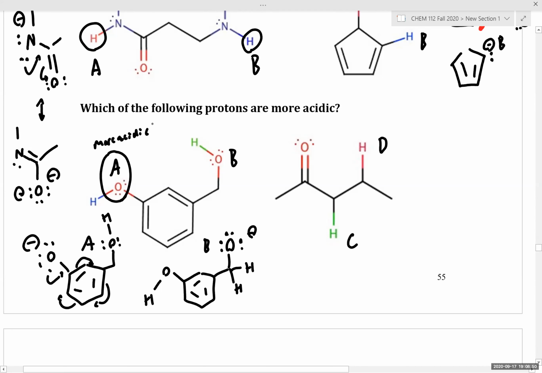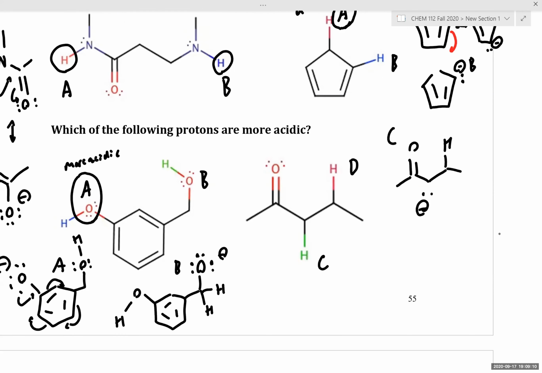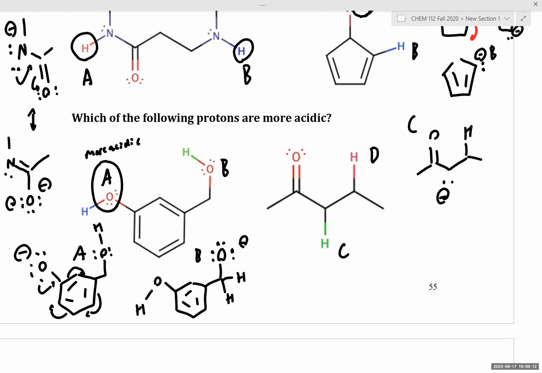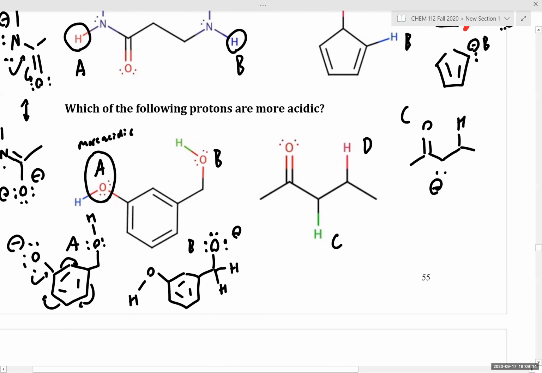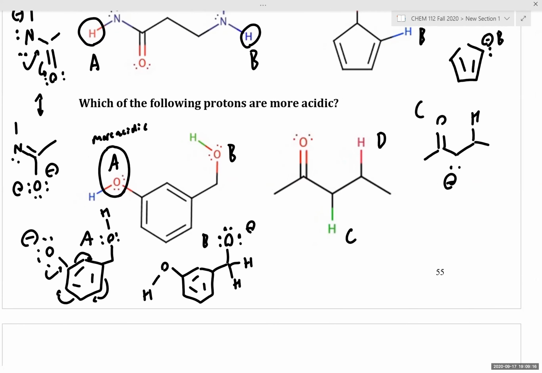Looking at the second structure, if we compare protons C and D, let's draw our anions. The anion generated from C looks something like this. The anion generated from D looks something like this.